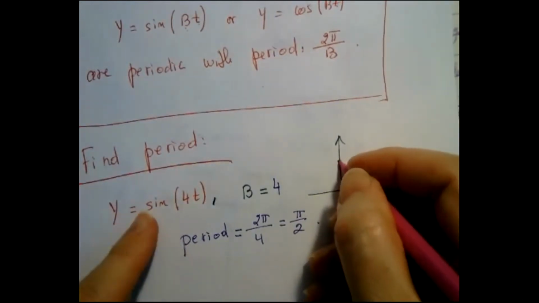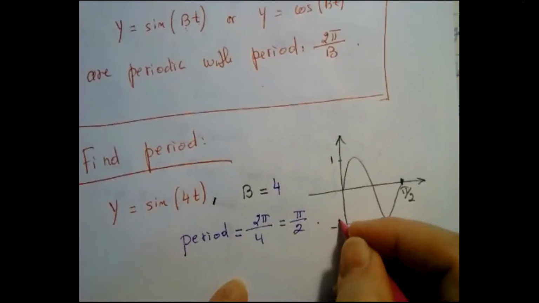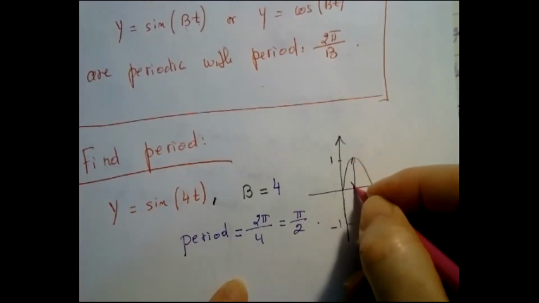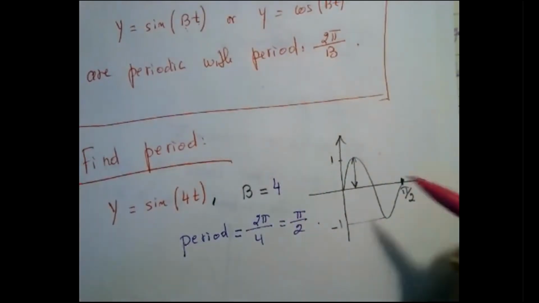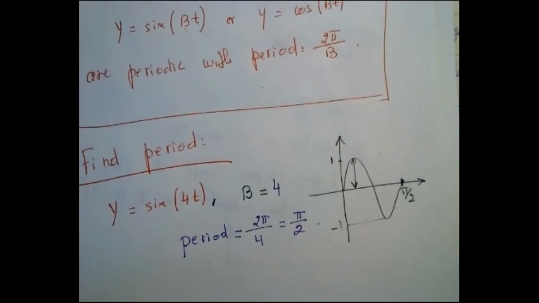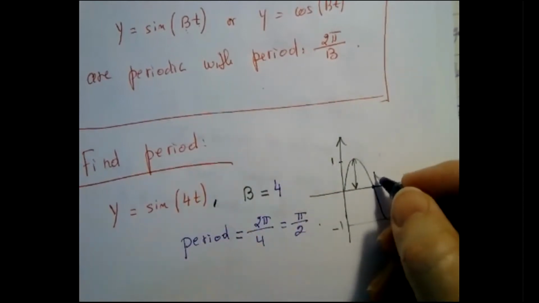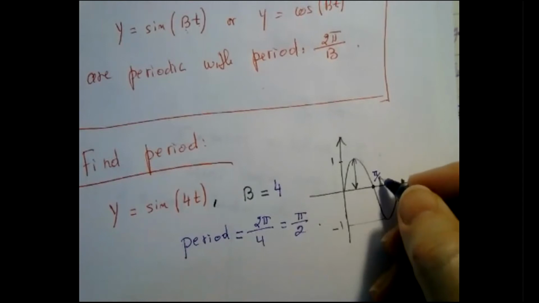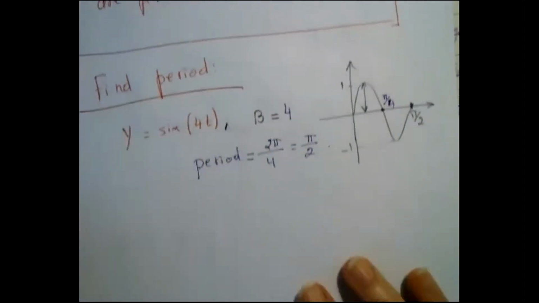And in this case, I did not touch the outside, so my amplitude has not changed at all, because I did not multiply the outside by anything. It's my period that was changing. That's the pi over 2. Now, this point here is half of pi over 2. It's halfway through, which means half of pi over 2. That's really going to be pi over 4. It's nice to know.